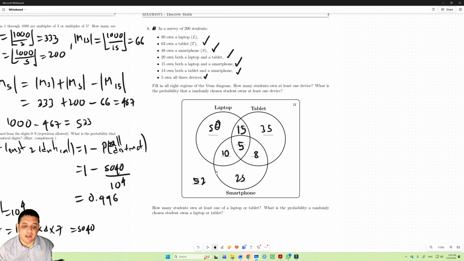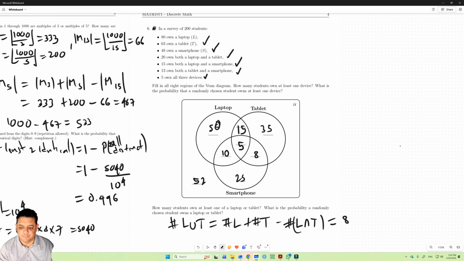So now, how many students own at least one laptop or tablet? The number of students that have a laptop or tablet is going to be the number with a laptop plus the number with a tablet minus the number with both laptop and tablet. And so we can find those numbers. Total with laptop is 80.